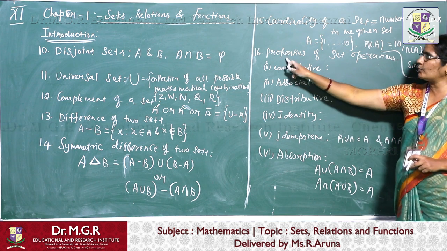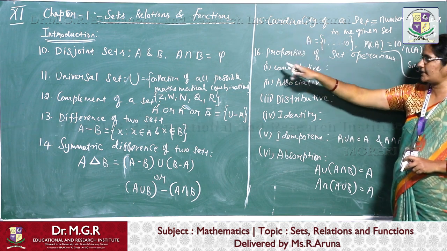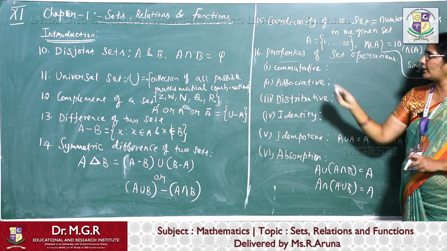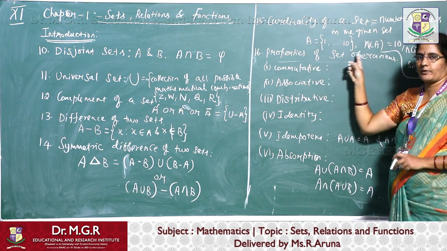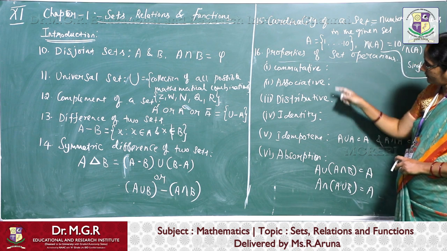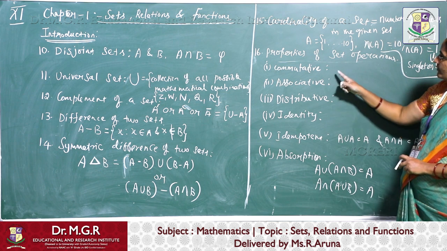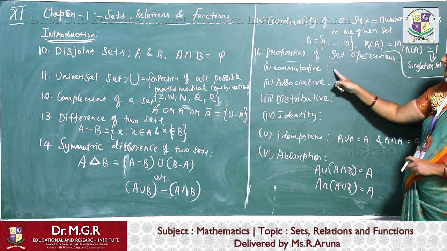Next, we move on. That's all the basic definitions. Now we move on to the very important topic called properties of set operations. So here we define the following properties. First property is commutative.